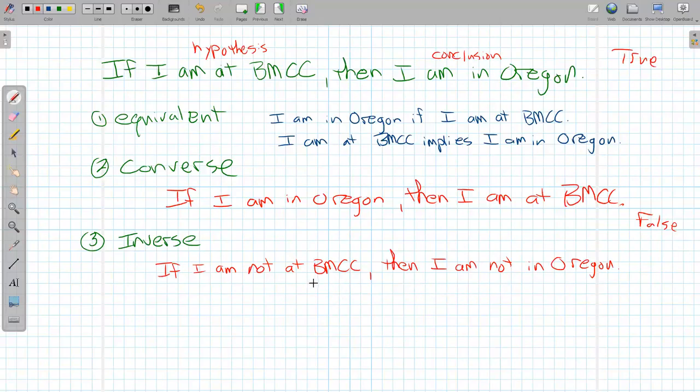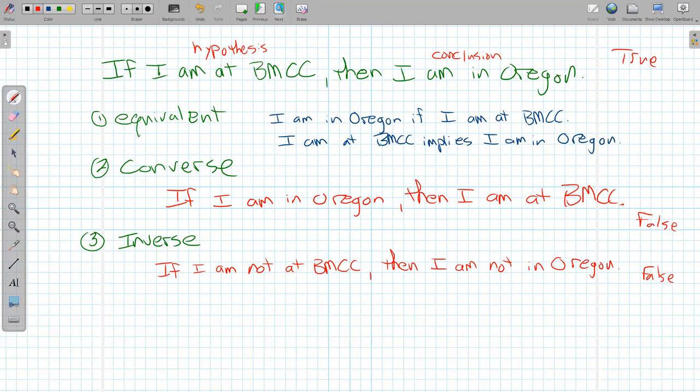So since I have one example that shows this is false, it's just false in general. So this one right here is false. So my point is, I can rewrite this to be a new statement by just tweaking a negation in both parts. And in this case, even though the original was true, the inverse is false. An inverse means negate a hypothesis and a conclusion.